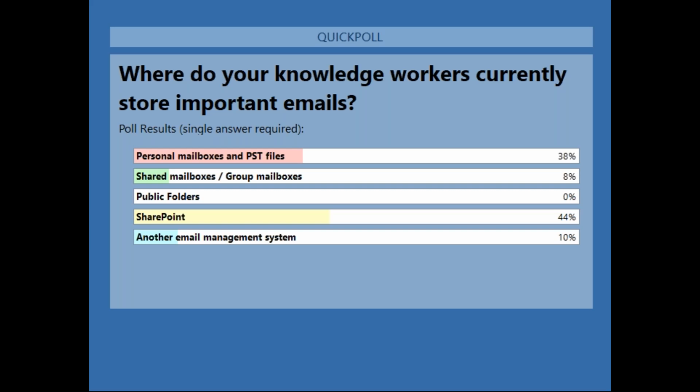But obviously, if you're working on a project, then a project may run for years, and the people involved in that project move and change, and being able to retrieve the important emails that another colleague received that relate to a particular project, for example, is very, very important.